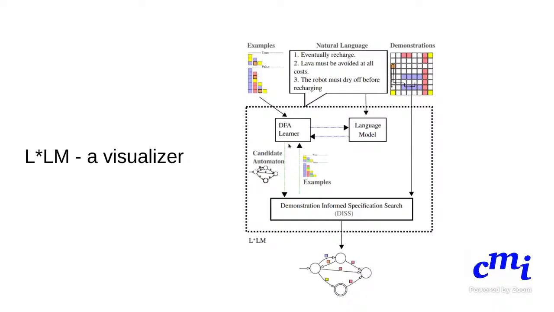Then you give that candidate automaton to DISC, which does the max entropy and max causal entropy policy, and then generates new labeled examples, as we have seen in this example. It also generates the energy, and you terminate when the energy does not decrease.